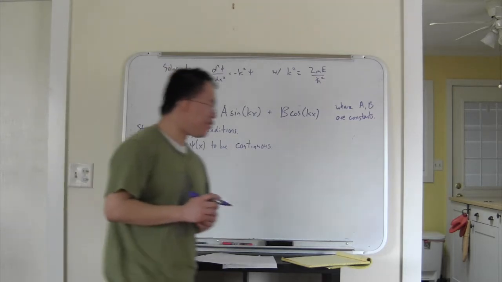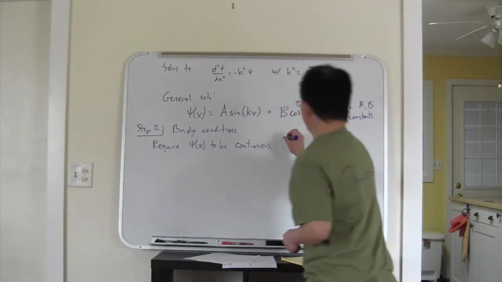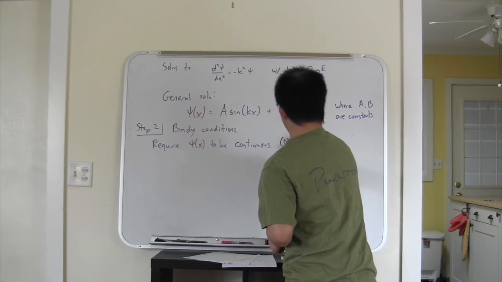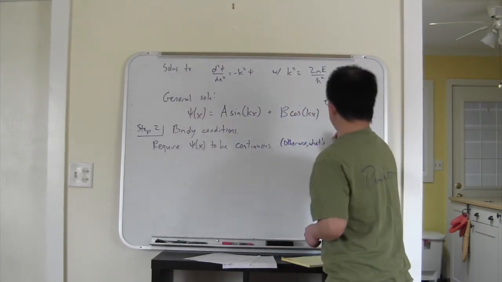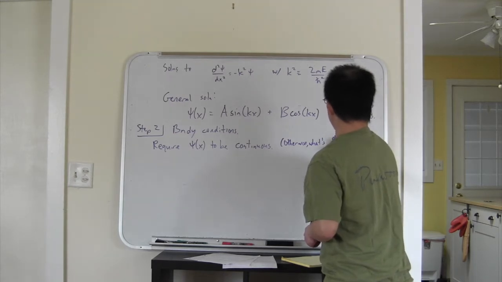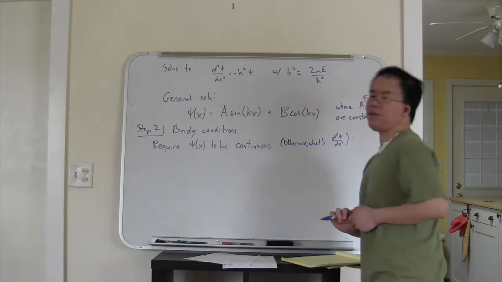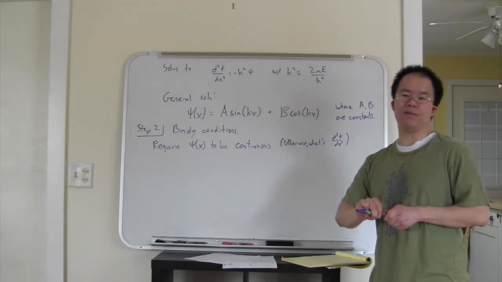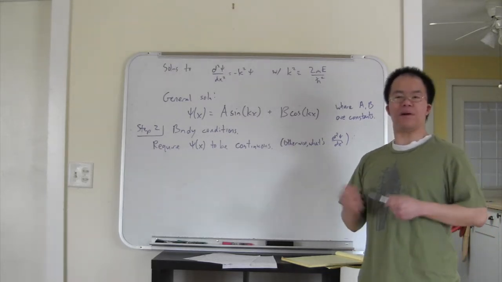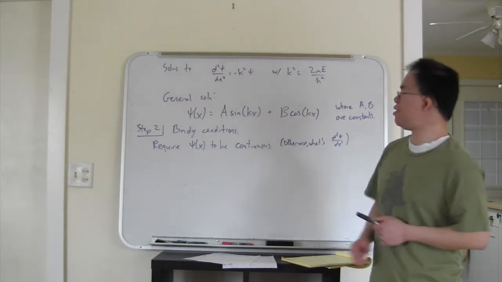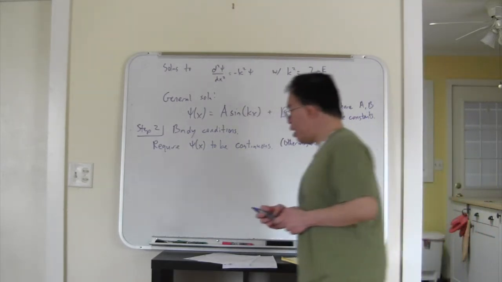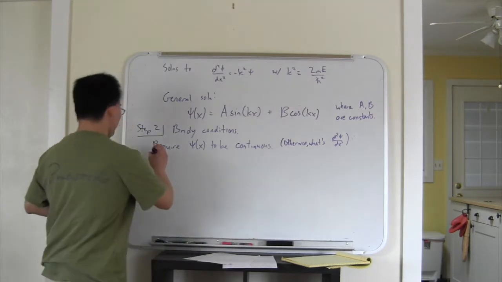So, for instance, otherwise, what's d squared psi dx squared? It's not clear how we would think about any of the terms of the Schrödinger equation for a discontinuous wave function.